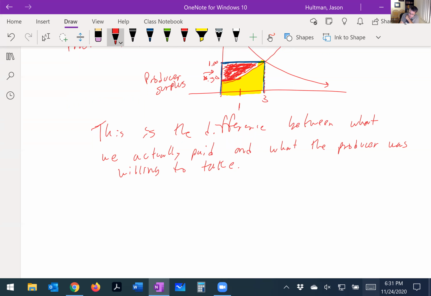The yellow is the area under S of X. So we're going to say that the producer surplus is equal to Q times P. That's what we actually paid.